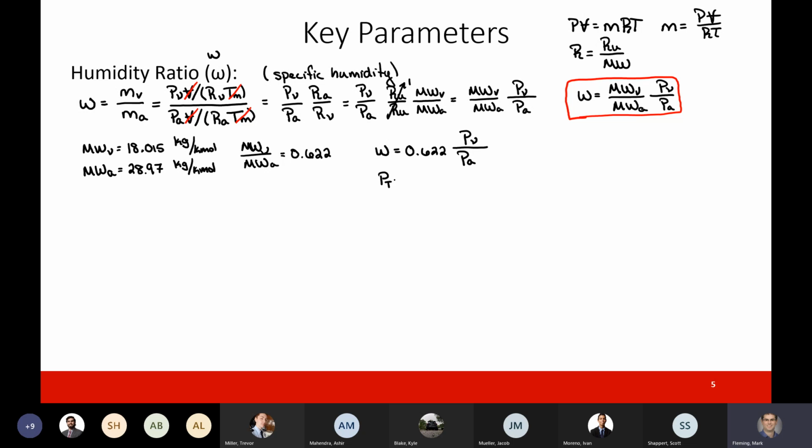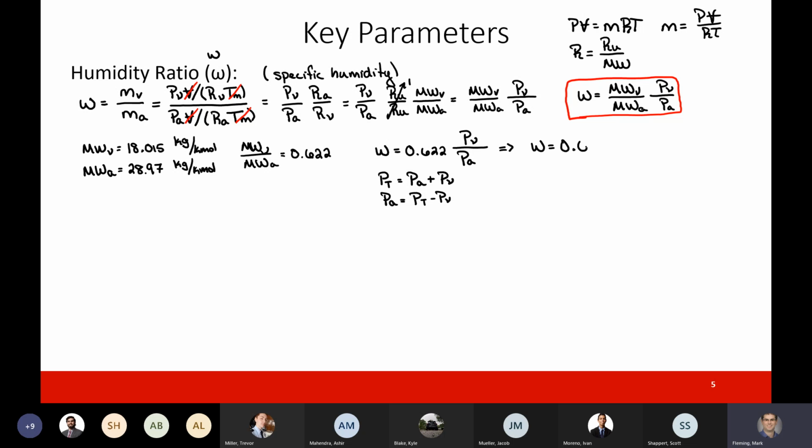We can recall that we could take the total pressure from Dalton's law. That would be the pressure of the air plus the partial pressure of the vapor. We can go ahead and solve now for the pressure of the air. This would be the total pressure minus the partial pressure of the vapor, and we'll substitute that back in. Now bringing it all together, here's the final form of the equation.